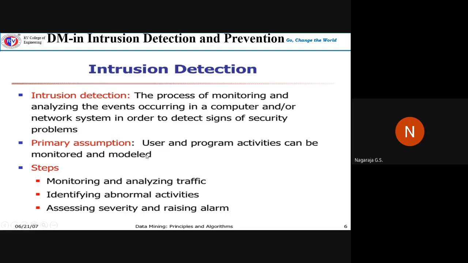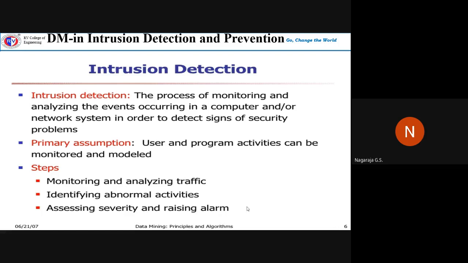Okay, the steps required to do the same are monitoring and analyzing the traffic, identifying abnormal activities, assessing severity and raising alarms. Any data flow movement happens from one end to the other, obviously. So we need to have close monitoring of that, and look at the traffic variations.